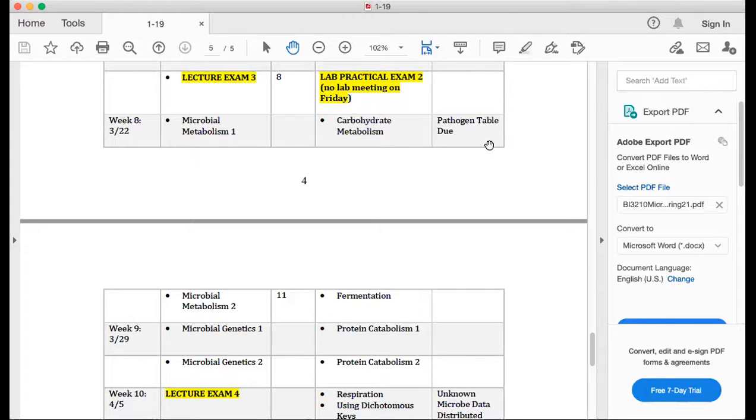And of course, next week is the time that your first draft of your pathogen assignment is due. So don't forget that. Make sure that's up on your schedule, that those questions that you need to answer for the pathogen assignment are due a week from Wednesday, March 24th.